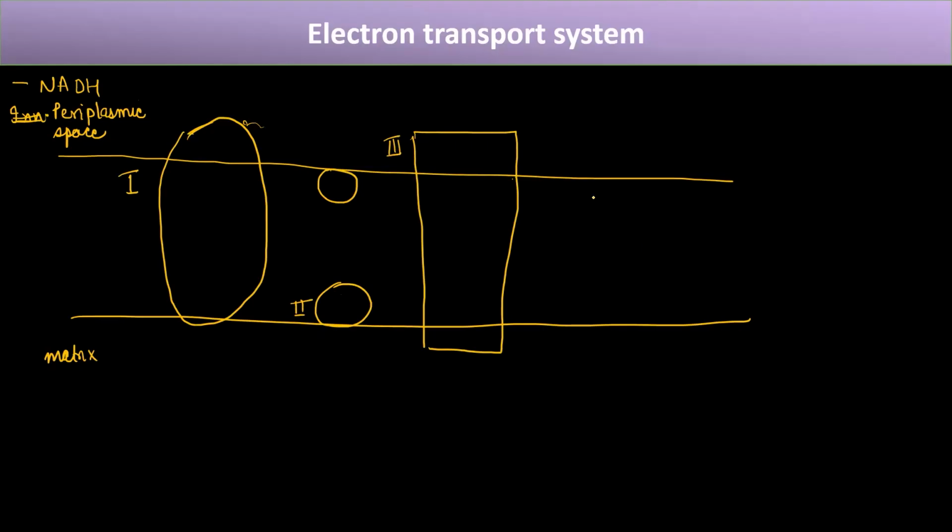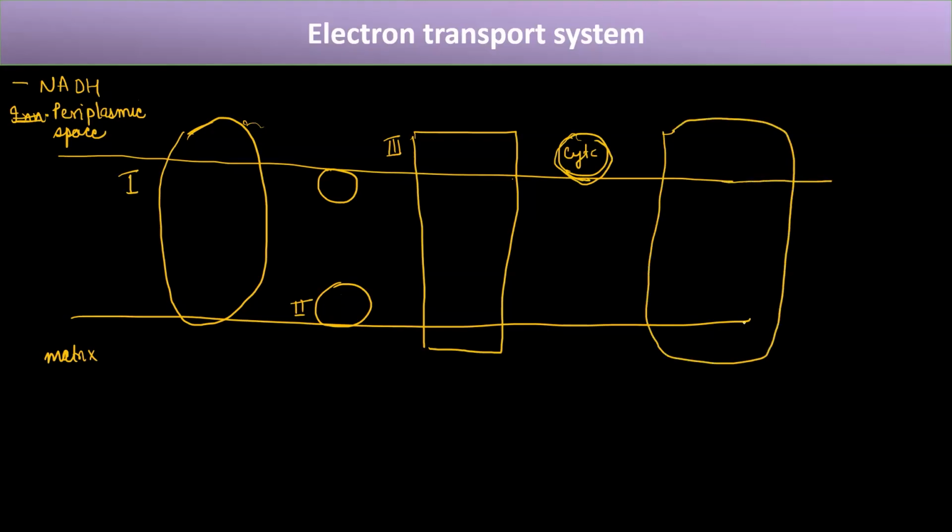And then there's cytochrome C, located something like this. Then you will have your fourth complex. I'm not drawing the fifth complex for now. So this one is your fourth complex, and here will be your fifth complex.